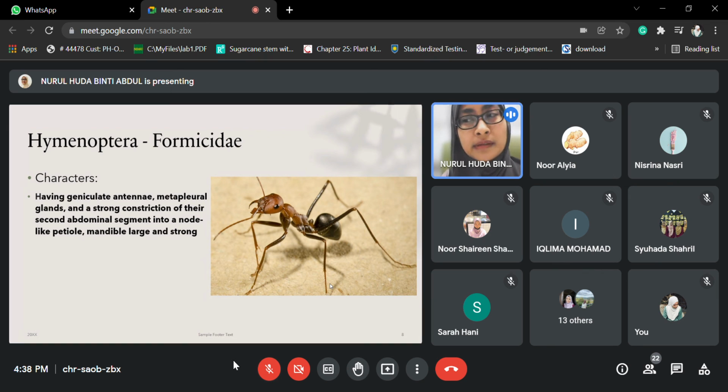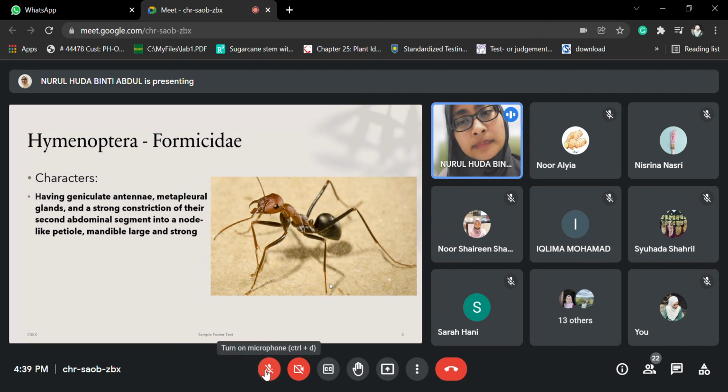So yang tu a bit tricky lah. Cumanya kalau we specialize betul-betul, claw dia rupa macam mana, and then maybe shape dia, I'm not sure about that lah. Cumanya ada part yang we can use claw as a characteristic, but for Formicidae usually we don't use claw.